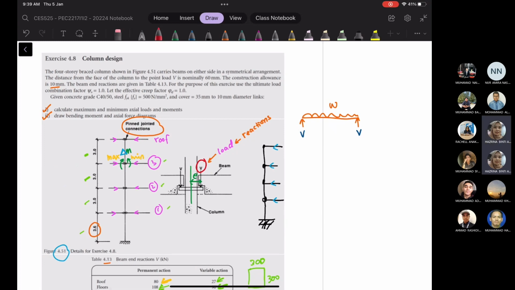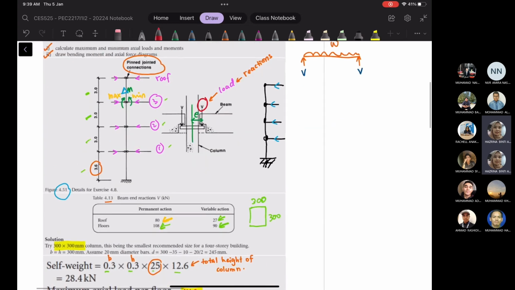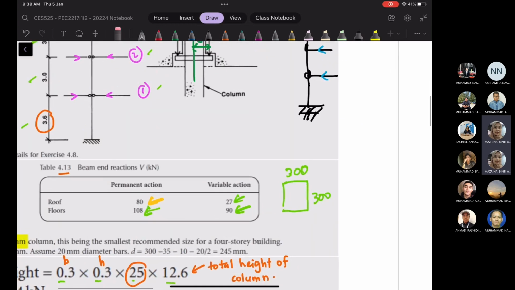So apa ni? The construction allowance is 10 millimeters, right? So where the beam and reactions are given in table 4.13. Right, okay, so dia punya values of the loadings are given in this table, right? So dia dah bagi dah dekat sini, the loads from the roof and also the loads from the floors, right?